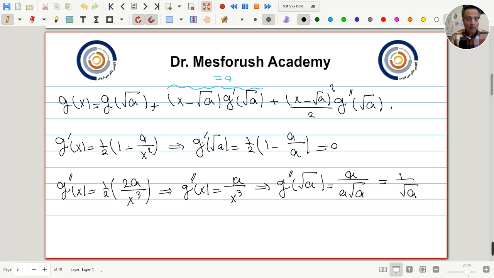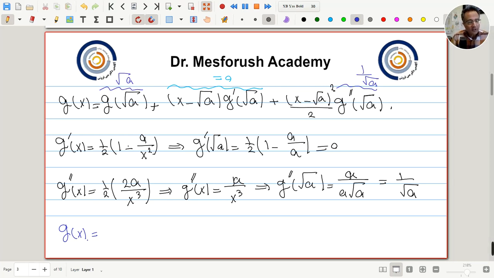Okay, now in the Taylor expansion here we consider g of x equal to, we get this one equal to square root of a, and this one will be 1 over square root of a.